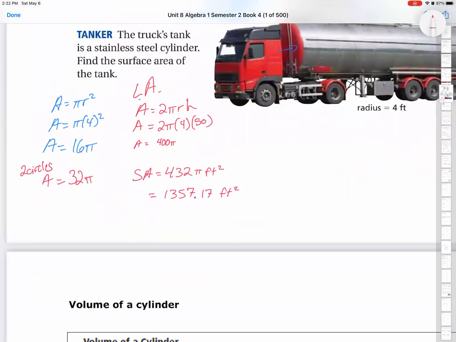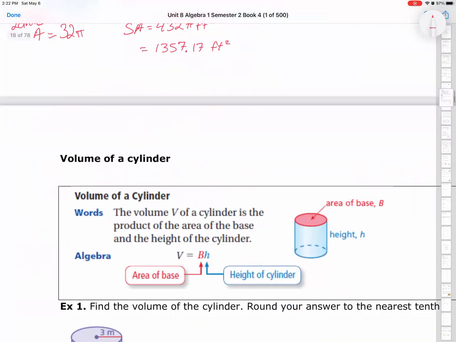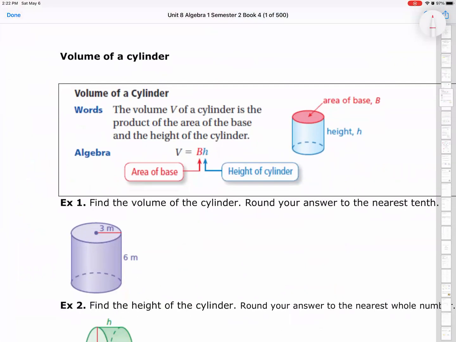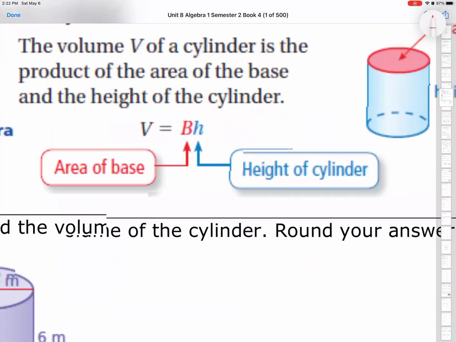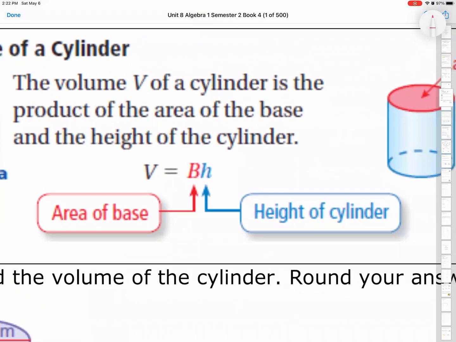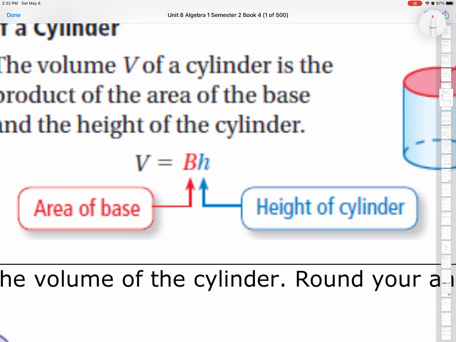All right, moving on. Now we're going to be shifting gears towards the volume of a cylinder. Generally, by and large, my guys actually prefer volumes over the surface area. Now, in a lot of geometry, the volume for a lot of shapes is really just the area of your base times your height. And this base generally is going to be different from the shape that you're actually seeing.